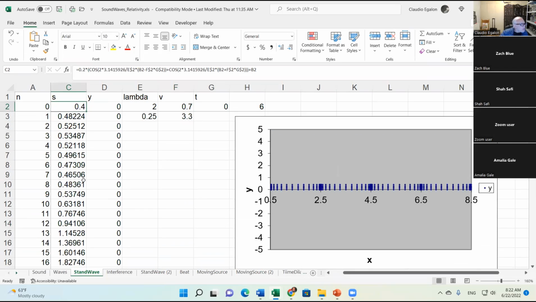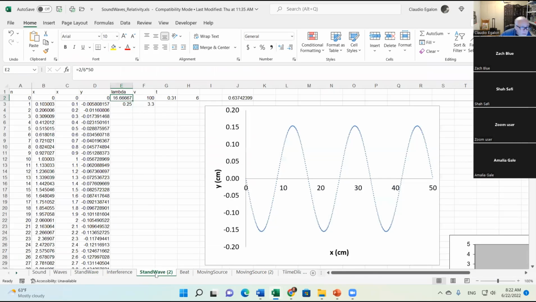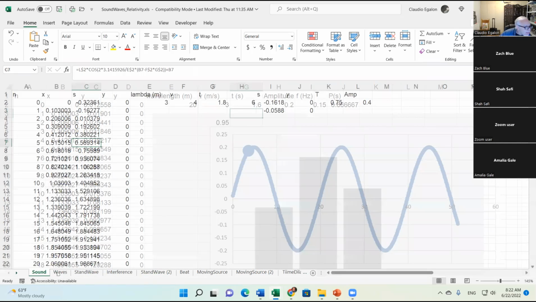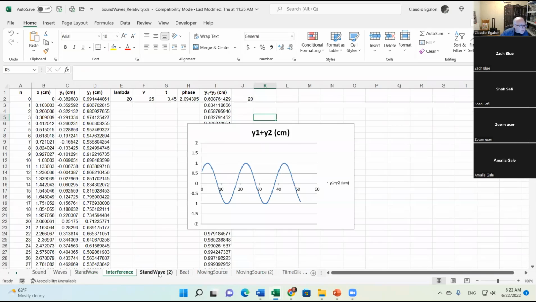Let's try the simulation. No, that doesn't look like a standing wave. Yeah, that's definitely not a standing wave, even though it's written standing wave here.